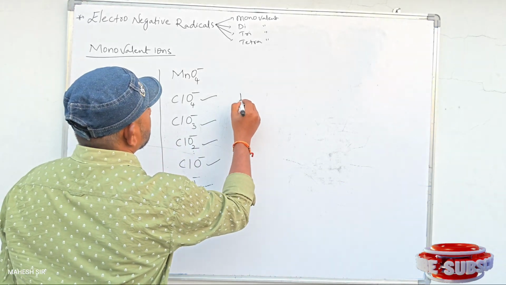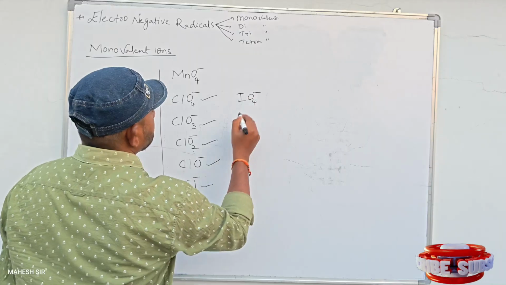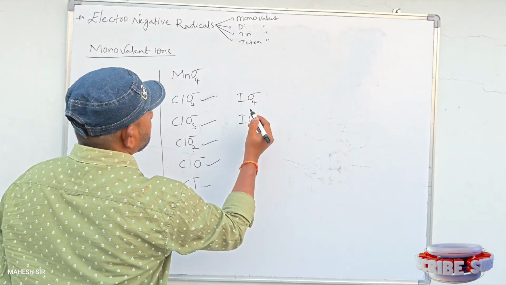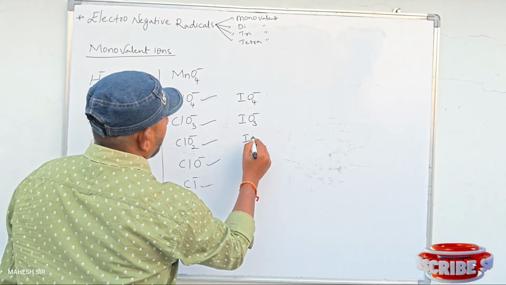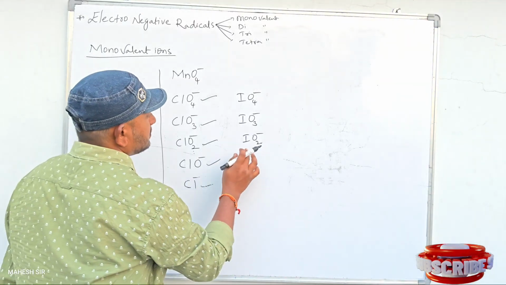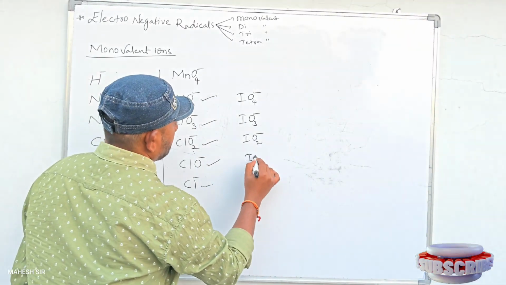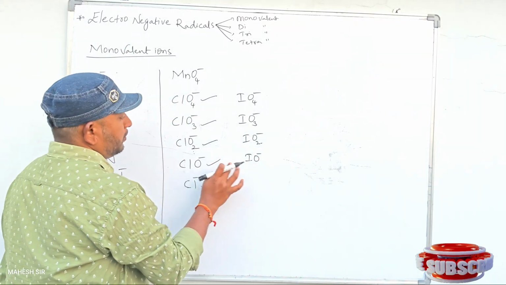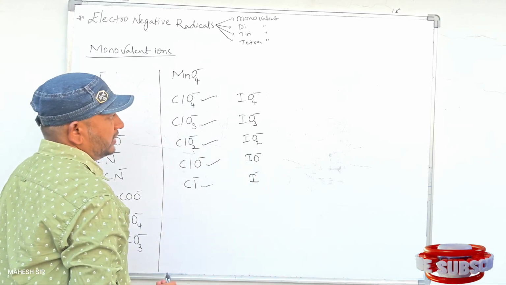For example, periodate, iodate, iodite, hypoiodite, iodide.